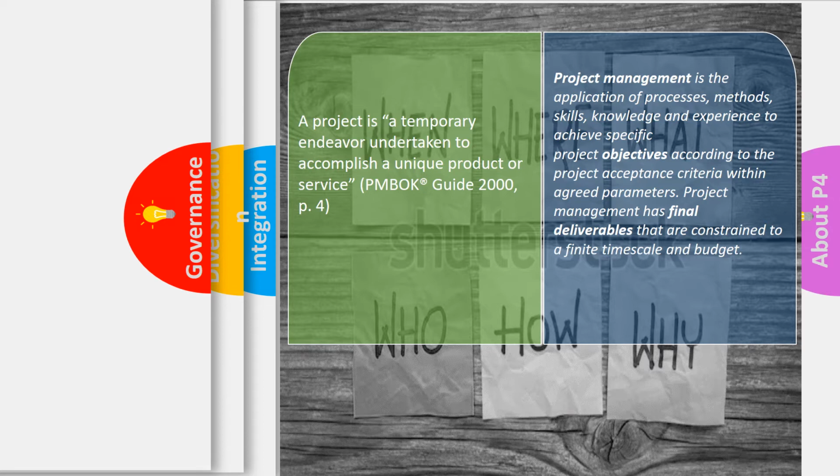So here, the second definition seems to be a little bit more specific in terms of what it's talking about. It's talking about project objectives, acceptance criteria within agreed parameters. We're talking about deliverables that are constrained to finite timescales and budget. And we're talking about the application of processes, methods, skills, knowledge and experience to achieve the objectives of the project.